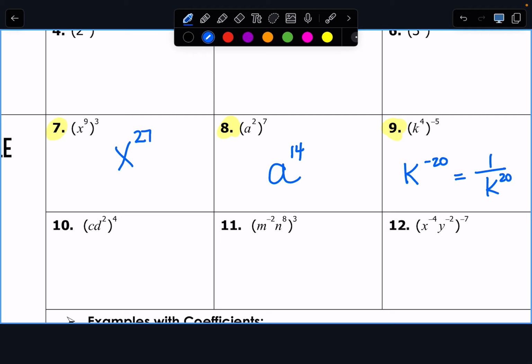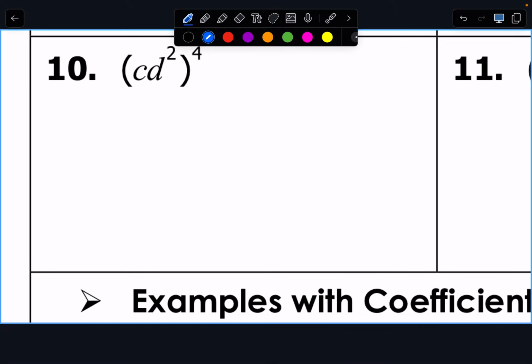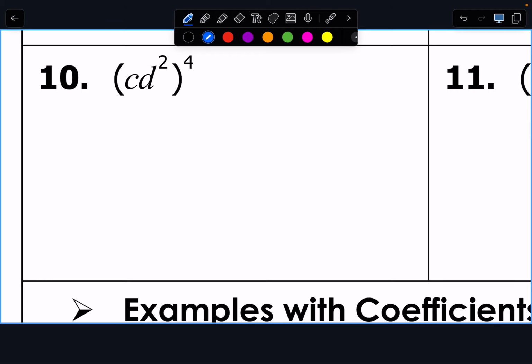That's fine, okay? If there's more than one variable, that just means our exponent gets to be shared to more than one, okay? So first of all, inside the parentheses, what's the exponent on C? 1. Yep, okay?